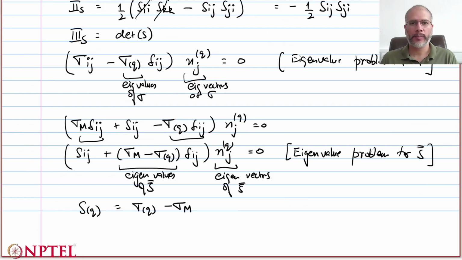And we see that the principal directions of sigma are exactly the same as the principal directions of the deviatoric part, that is S. So as I mentioned earlier, the spherical part is responsible for changing the volume of the body. In a similar fashion, I can say that the deviatoric part is responsible for changing the shape of the body.